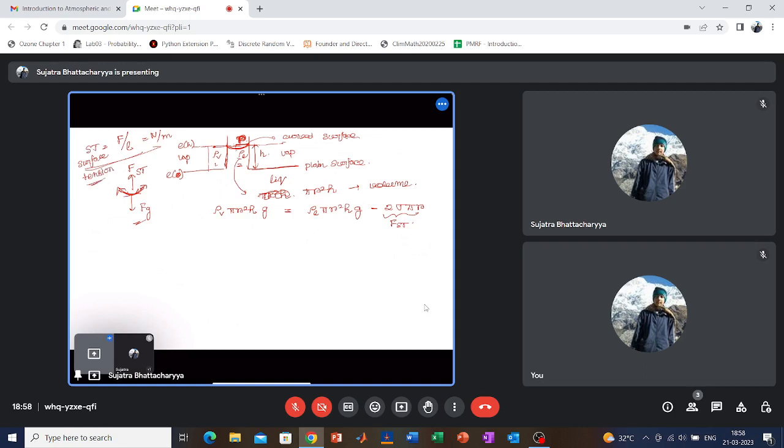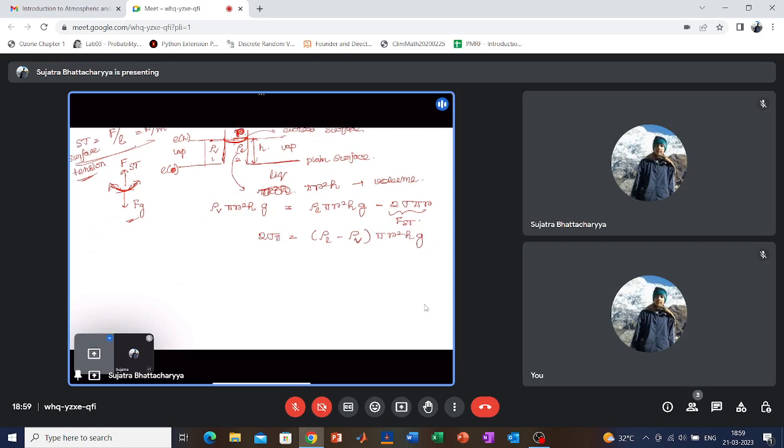Right? Therefore, we can easily write, I am writing it directly. You can refer to the slides also, that is fine. Rho v, it is there in the NPTEL lecture. So it's pi r square h into g. Fine. So, oh sorry, there is a pi r there.